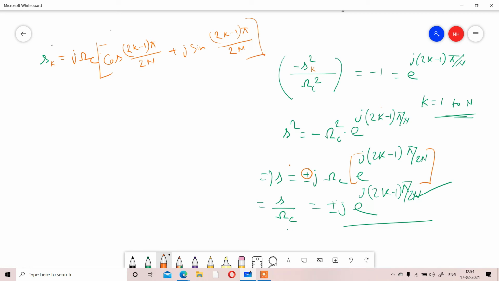So that will be your sk. Or simply, if we multiply j within the bracket values, that will be j square, so that will be minus 1, so minus of sine will be your real part, and j cos of that will be your imaginary part.